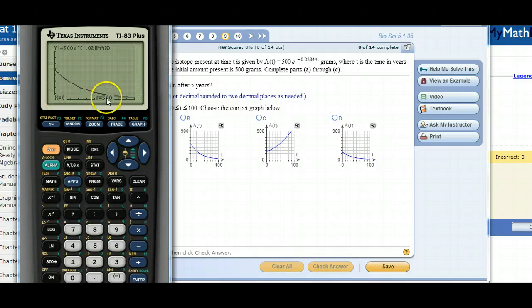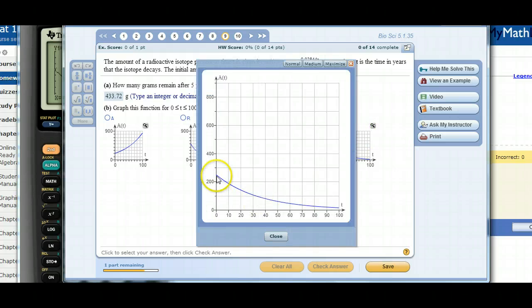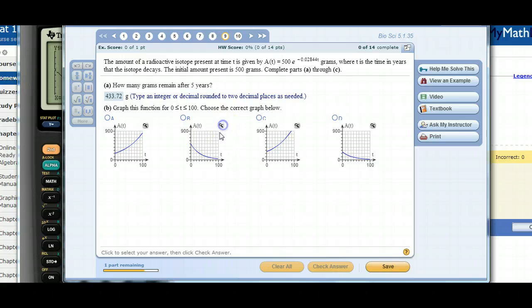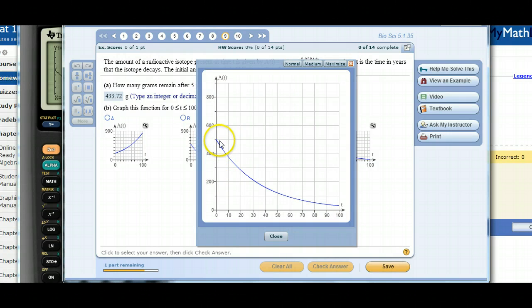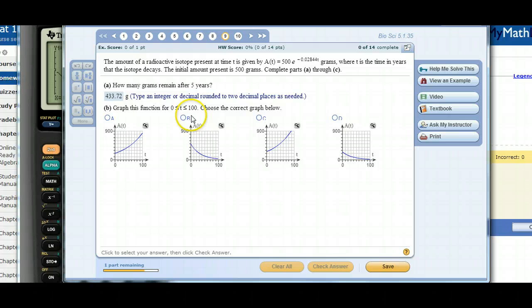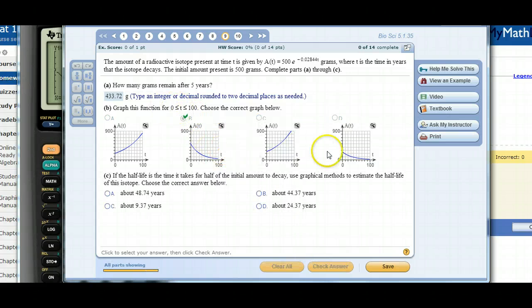Remember, the initial value was 500. If I blow this one up, it doesn't have an initial value of 500. It looks like only B has that initial value of 500. So B is my choice. It's got to be going downhill, but it also has to be starting off at the right place.